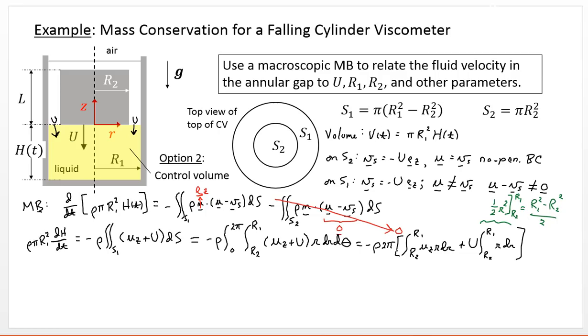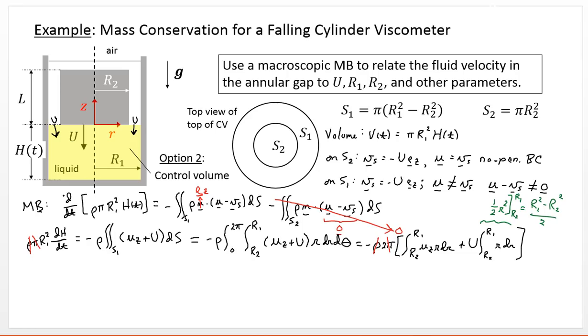And then it's multiplied by minus rho times 2 pi out in front. So what we can do here is we can cancel this rho with this rho. We can cancel this pi with this pi.